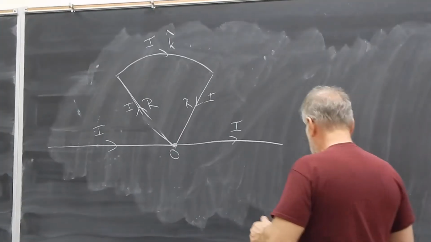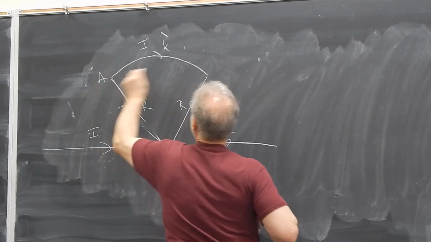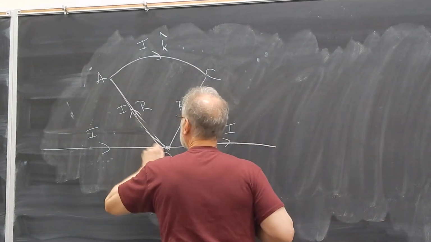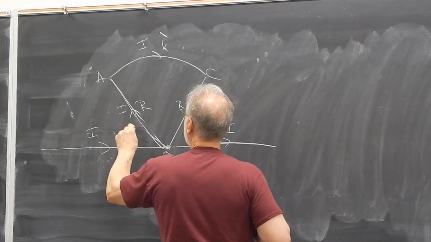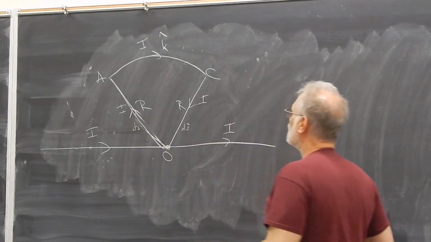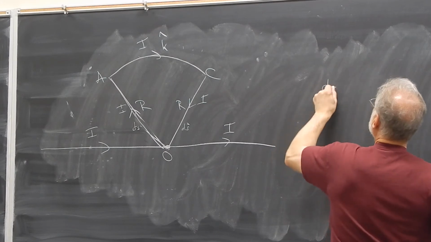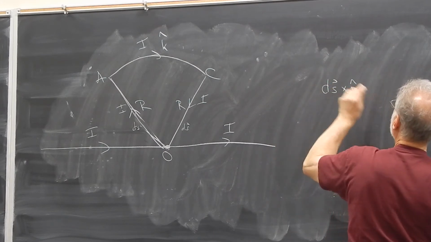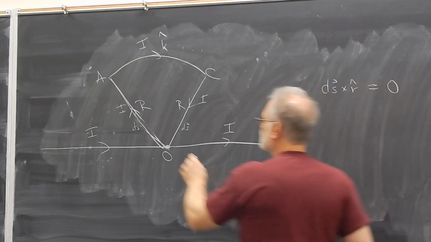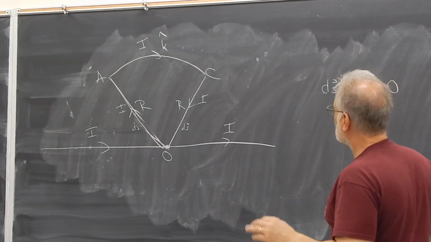First off, the line segments OA and OC are both such that the current and ds are parallel. When that happens, that means that ds cross r will be 0. So these two lines provide nothing to the magnetic field.